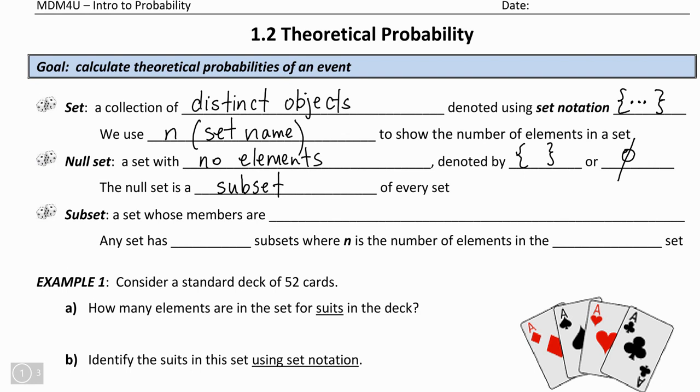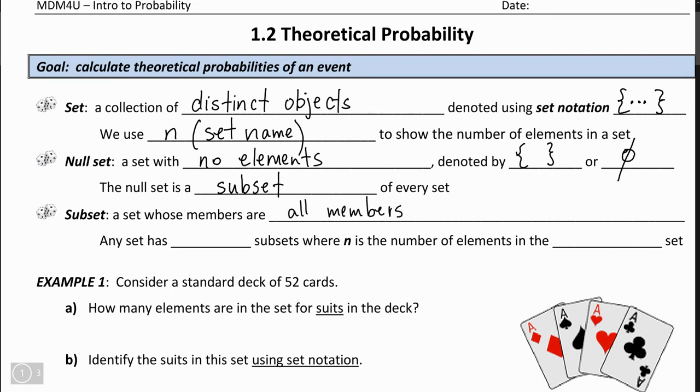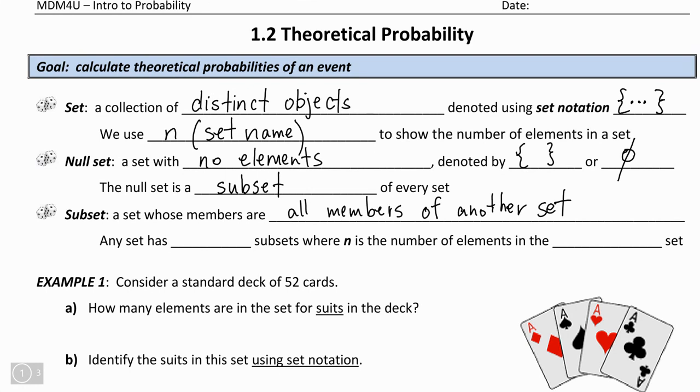Okay. Subset. A subset is a set whose members are all members of another set. So think of our classroom again. What if you said we have one set of students who are grade 12s and another set of students that are grade 11s taking the same class.